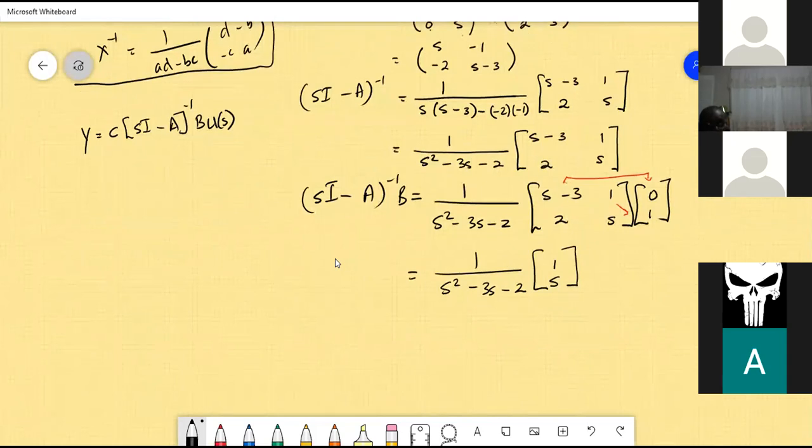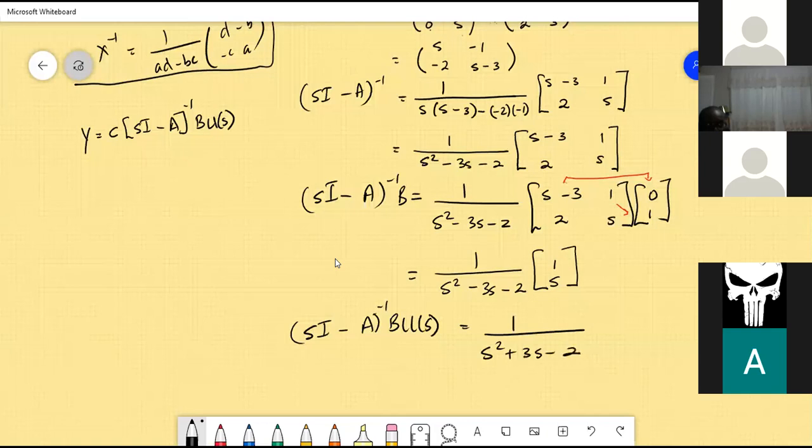So now sI minus A inverse times B times U of s is going to be equal to 1 over s squared minus 3s minus 2, we're not troubling that, times 1, s, times U of s. U of s is a step function, so we multiply these two.